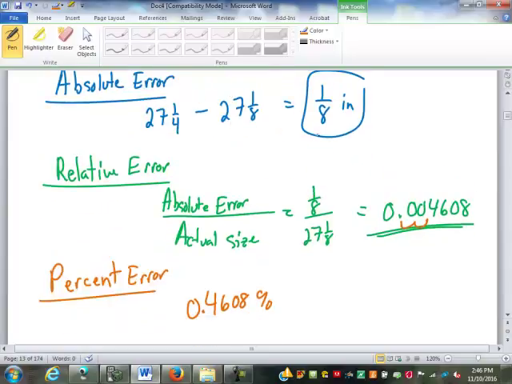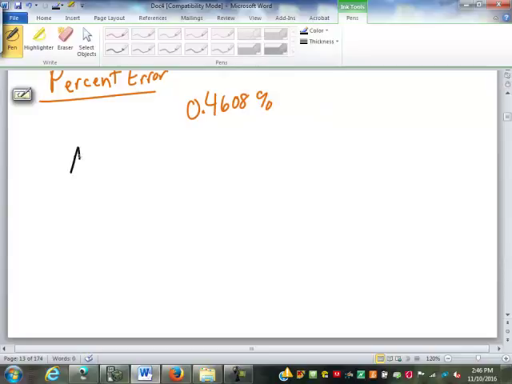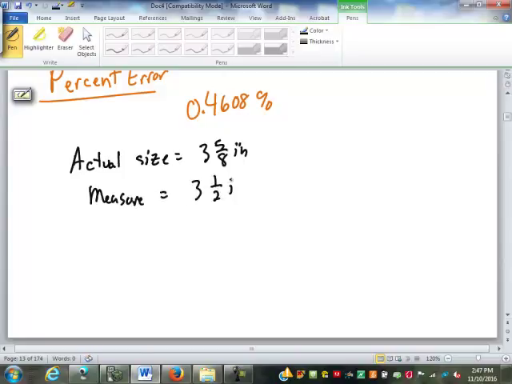So does that mean an eighth of an inch is always an acceptable error? No. Not always. Because if I have an object that has an actual size of, let's say it's 3 5/8 inches, and we measure it to be 3 1/2 inches.